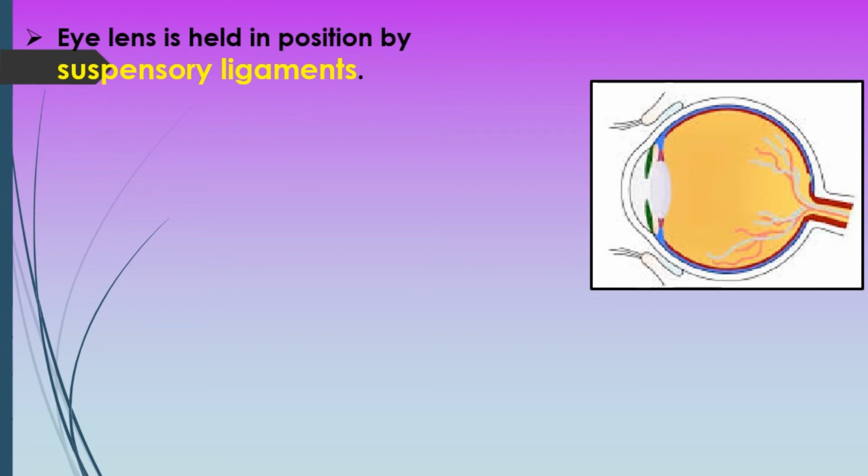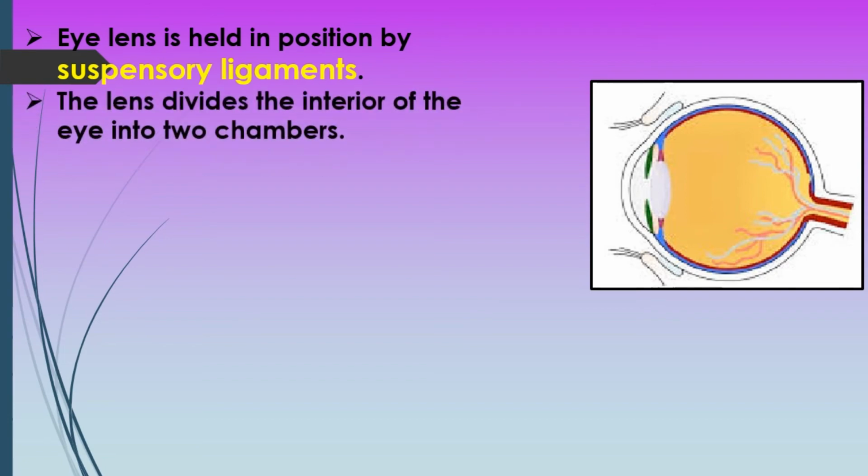The eye lens is held in position by ligaments called suspensory ligaments. One end of the suspensory ligament is attached to the lens and the other end to the ciliary muscles. The eye lens divides the interior of the eye into two chambers.